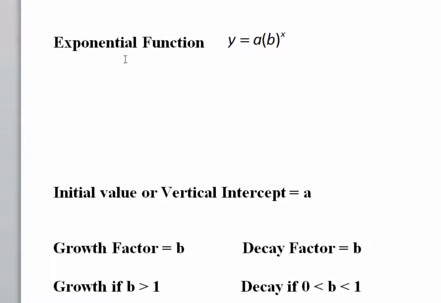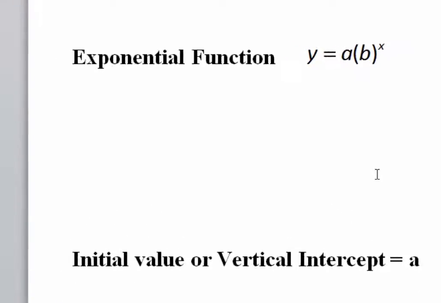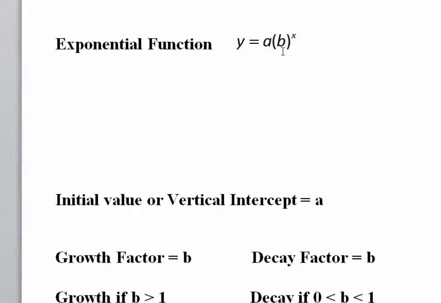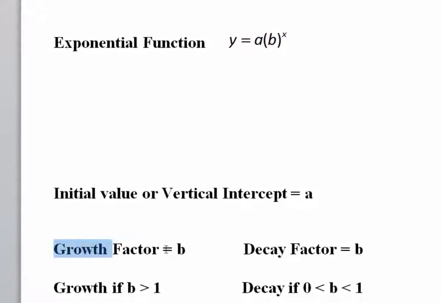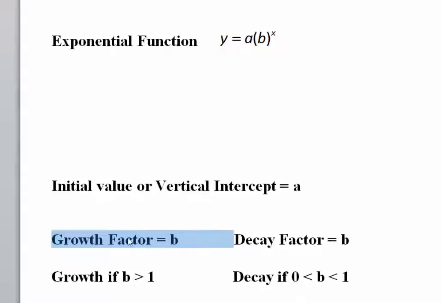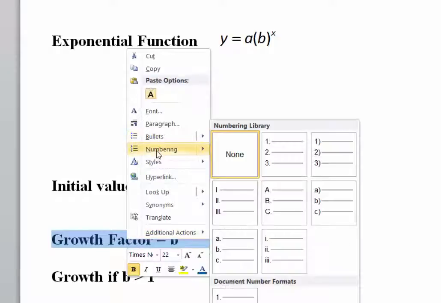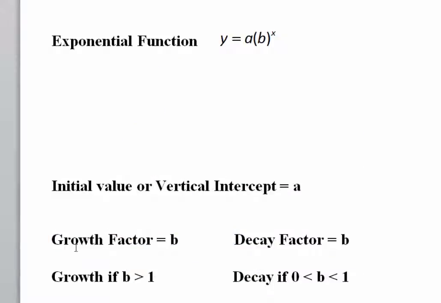I took this a step further and actually wrote the general form of an exponential function. Y equals a times b to the x, where a is typically your initial value or your vertical intercept, and b could be a growth or decay factor. It depends. B is a growth factor if b is greater than 1.